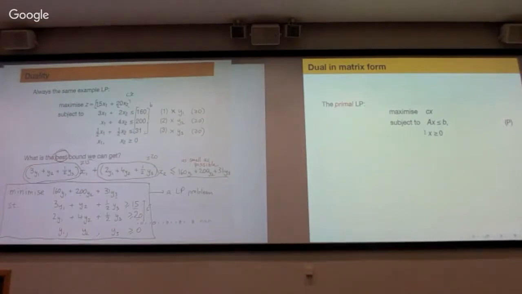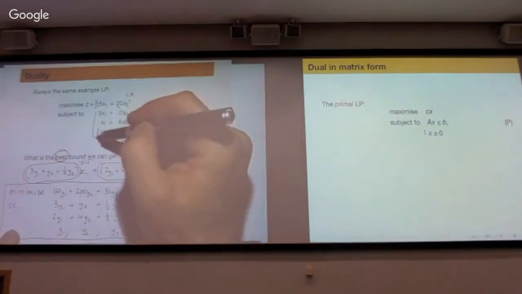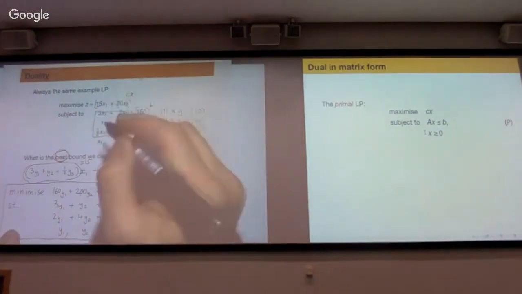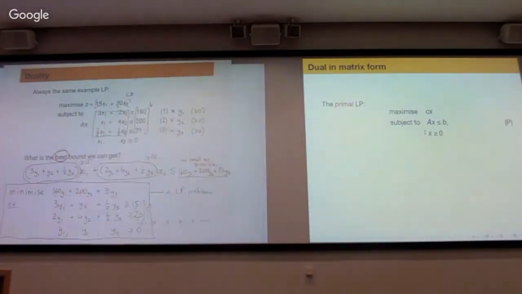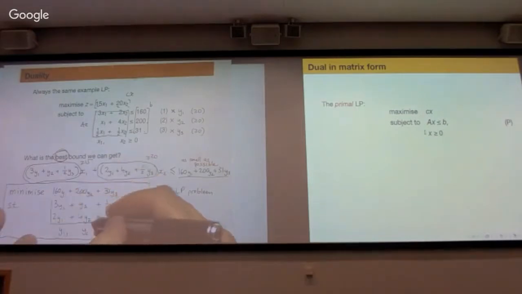And what happened with, so these are the A's, right? So this is A times X. And if you just look at the numbers, 3, 2, 1, 4, half, half, they form the matrix A in our new matrix notation. And what happens here is that the matrix is 3, 1, 1 half, 2, 4, 1 half.